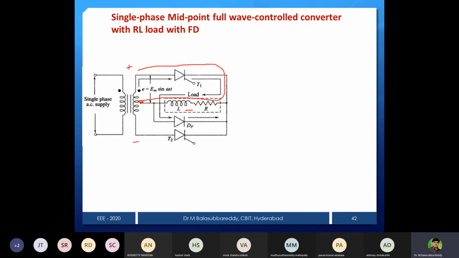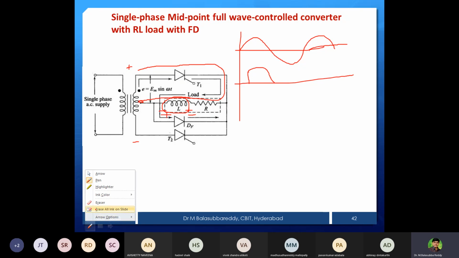Now the inductor will start charging in this direction. And while the supply reaches pi, having fired the device at an angle of alpha, because of this inductor the polarities will be reversed. Now this will become plus. Then whatever energy is stored in this inductor is going to be dissipated.